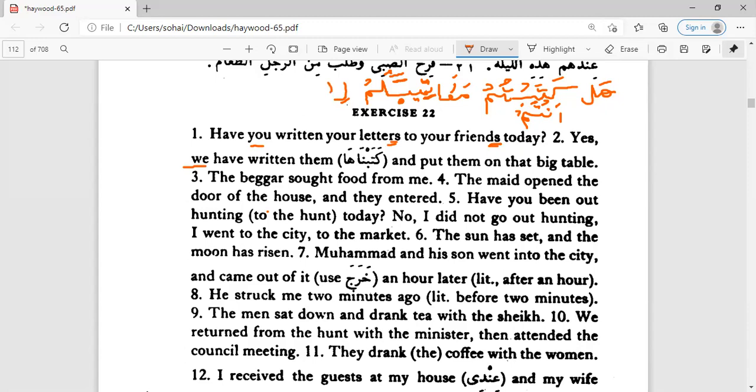So it's going to be li asdiqaikum, again because it's plural. Li asdiqaikum al-yawma, today. Okay, so as I mentioned before, when a noun comes attached to a pronoun, the noun is always mudaf and the attached pronoun is mudaf ilayhi.